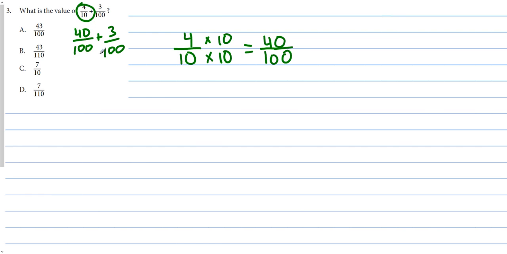And now that they're the same denominator, the same number on the bottom, we can add them up. 40 plus 3 and they have the same denominator over 100, and we get our answer choice, 43 over 100. Be careful here, they try to trick you a little bit with almost the same looking answer.